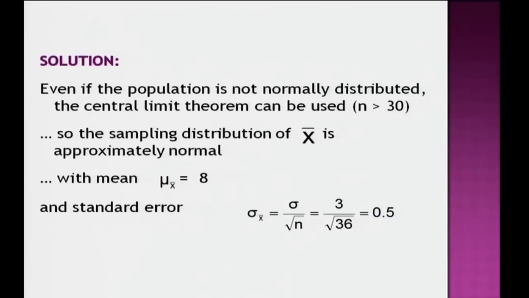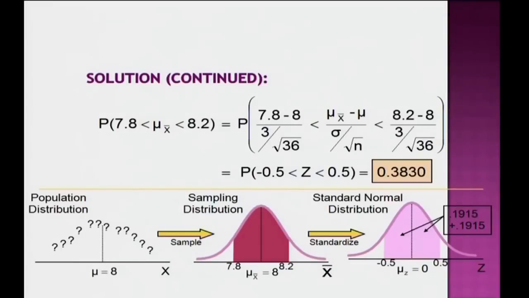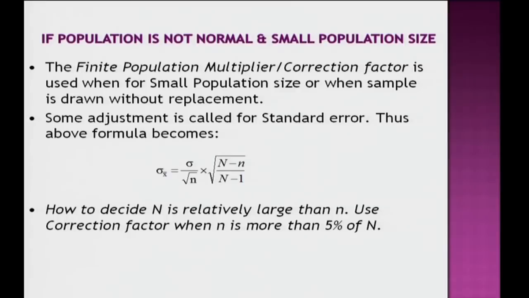So, in this way we have covered the sampling distribution of the mean when the population is normal or the sample size is large enough. Now, there is one more case: if the population is not normal and even the sample size is small, or the population itself is small, so that you are not able to get a sample size more than 30.